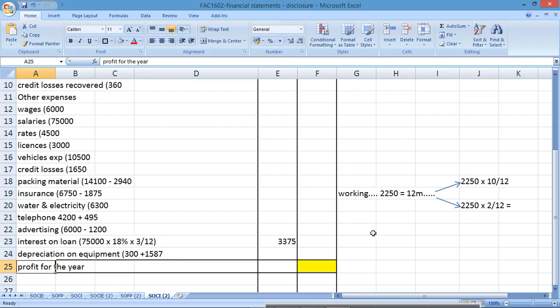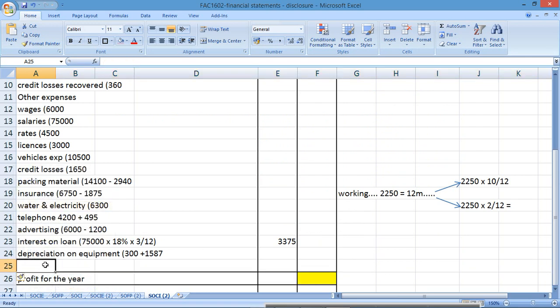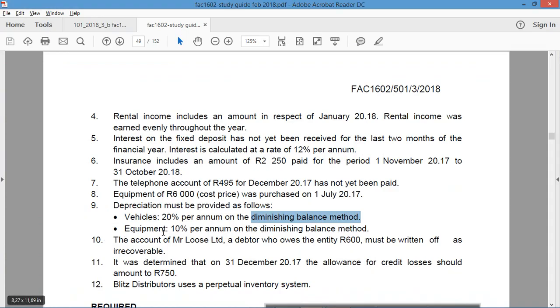So what does that mean? You have to work it out using the diminishing balance method. And what does that require? That's the cost minus the accumulated depreciation to get the carrying value, times 20%.